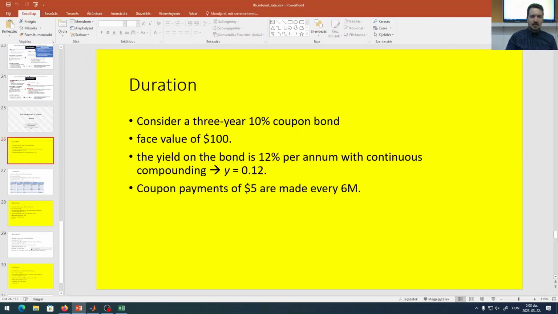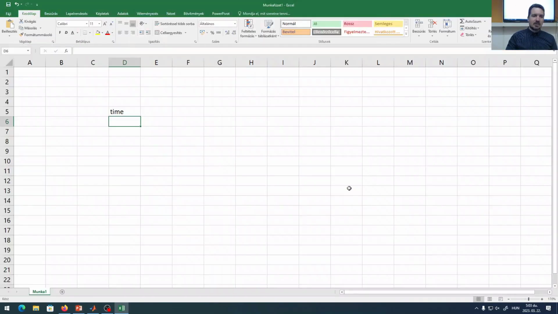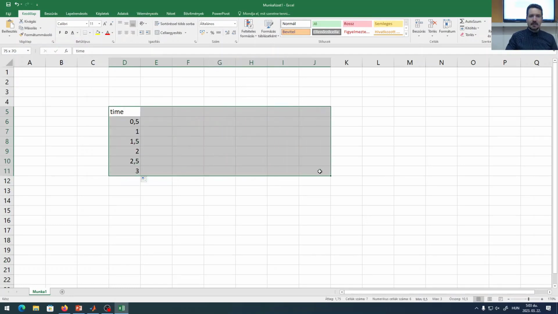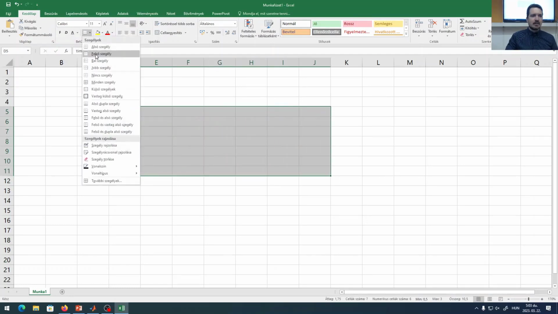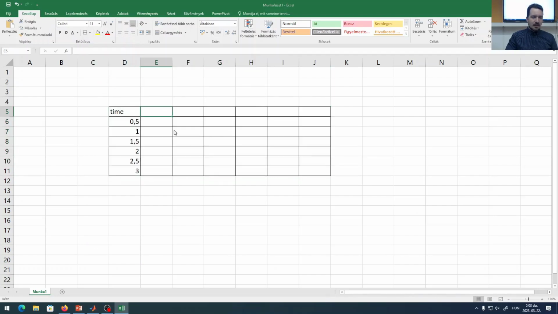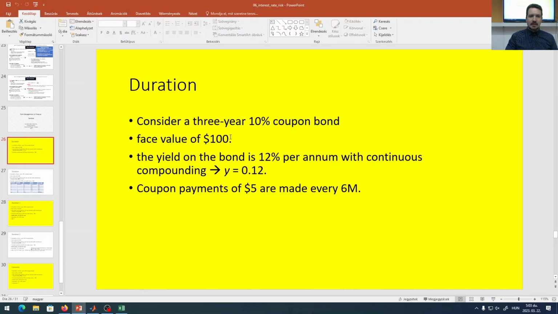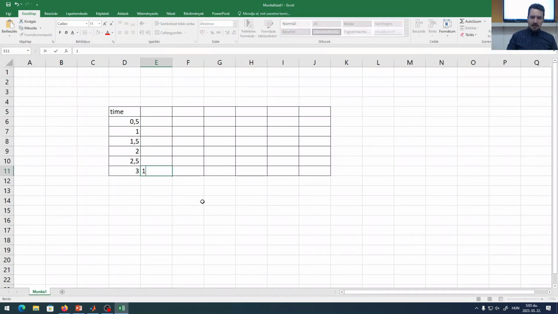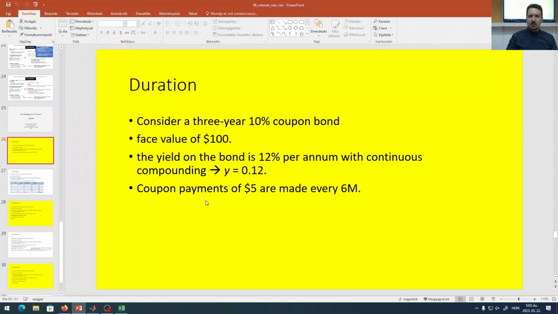They are saying that every 6 months they have a payment, so 0.5 to 1, so until 3 years they are paying some kind of money. And face value is 100, so at the end they are paying this 100, and otherwise coupon payments are 5.